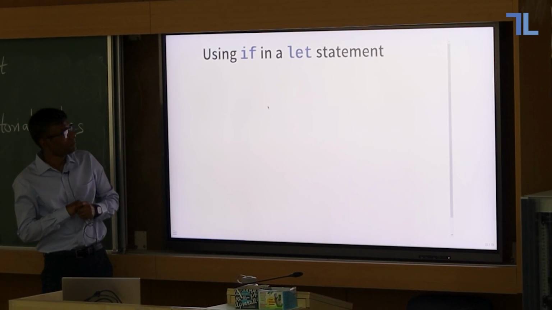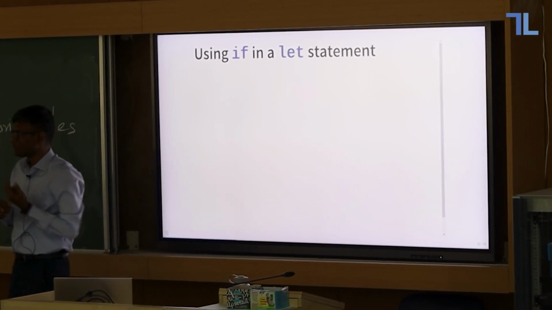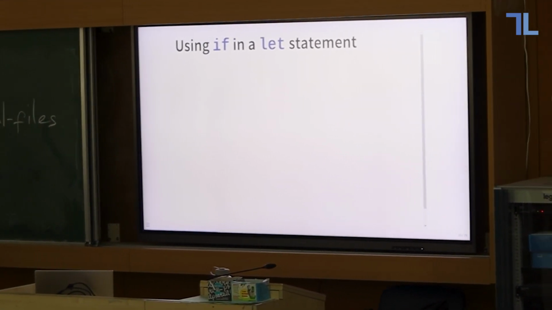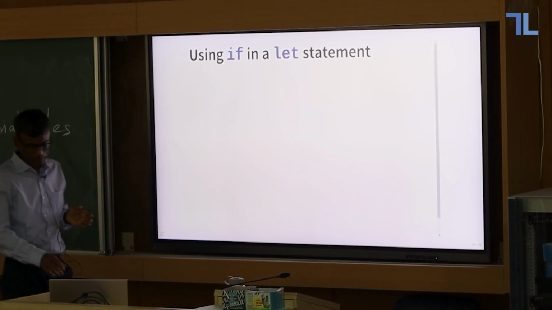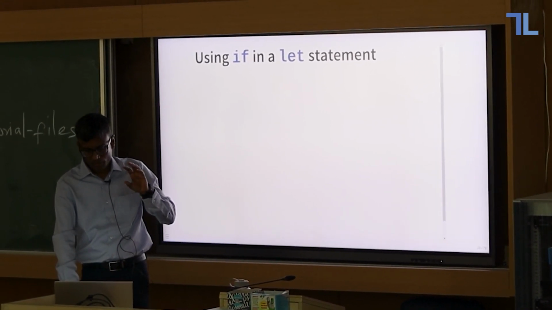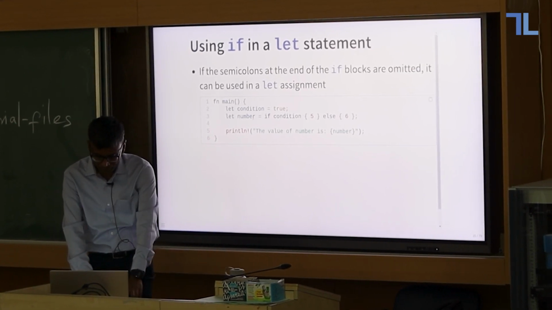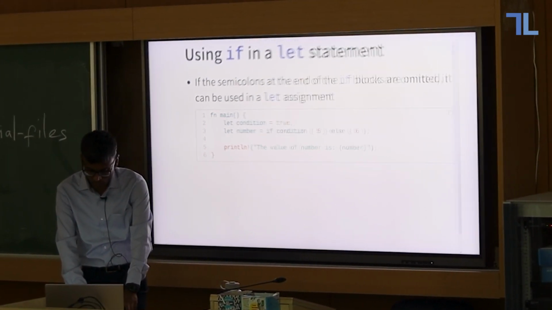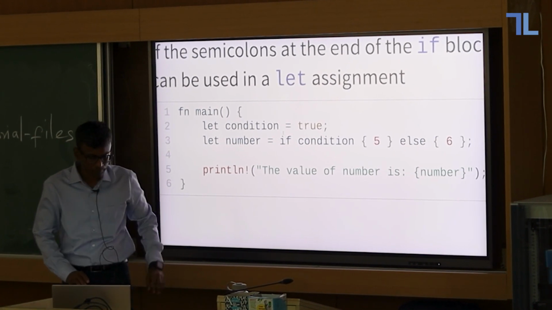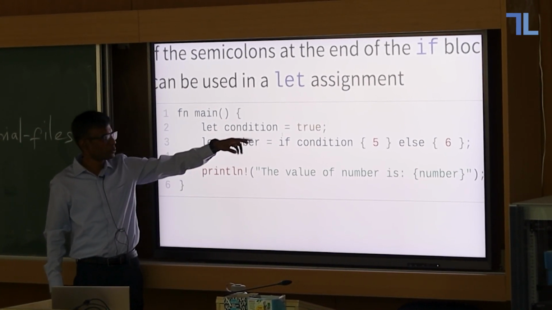But the if statement can also be used in a let statement. The let statement was for defining variables, so we can combine that, that is, we can assign a variable conditionally. For example, here I have a condition which is true, it's a Boolean.